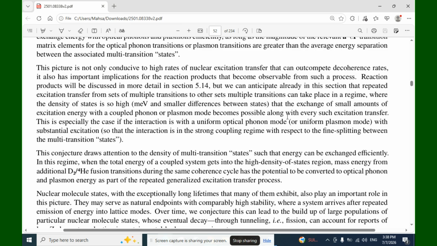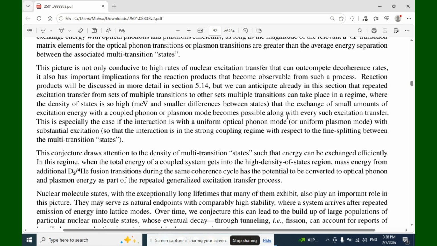Reaction products will be discussed in more detail in section 5.14, but we can anticipate already in this section that repeated excitation transfer from sets of multiple transitions to other sets of multiple transitions can take place in a regime where the density of states is high, with megaelectron volt and small differences between states.